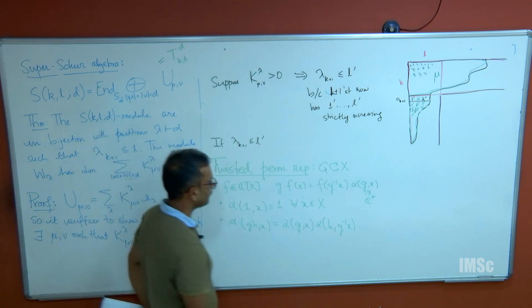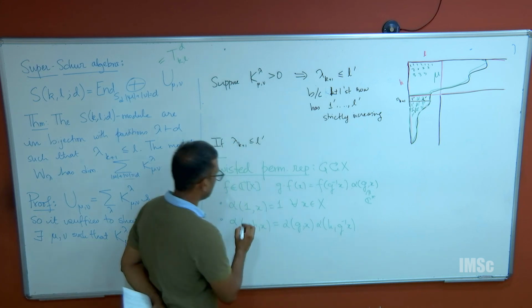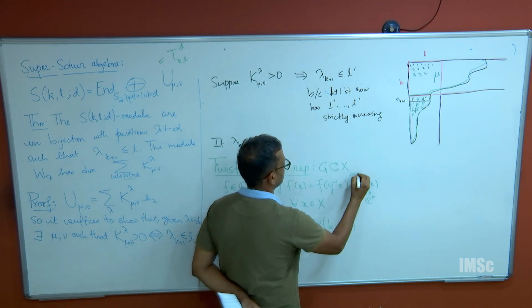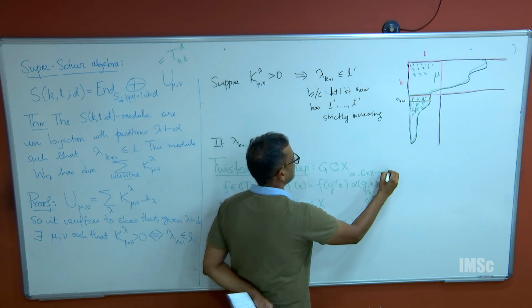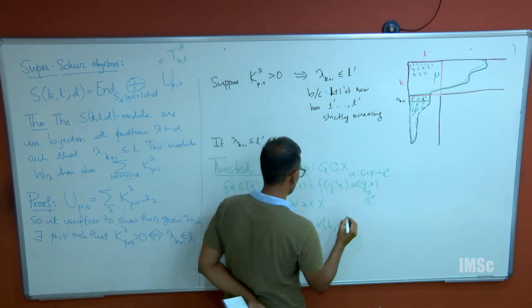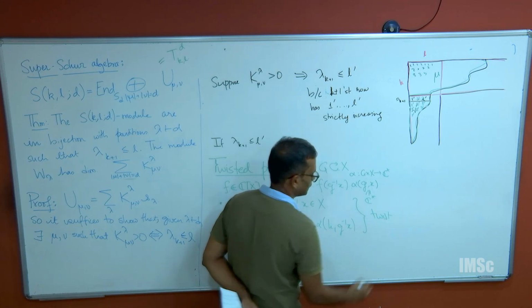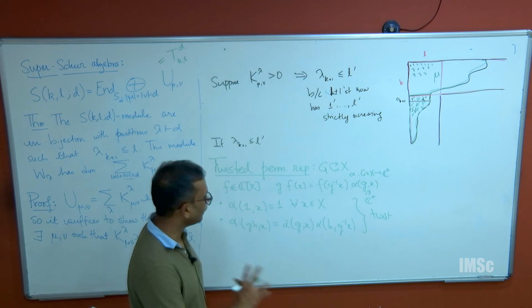So, I will call such a function a twist. So, alpha is just a function from G cross X to C star satisfying these two conditions, I will call it a twist. Is this a projective representation? No, it is an ordinary representation.